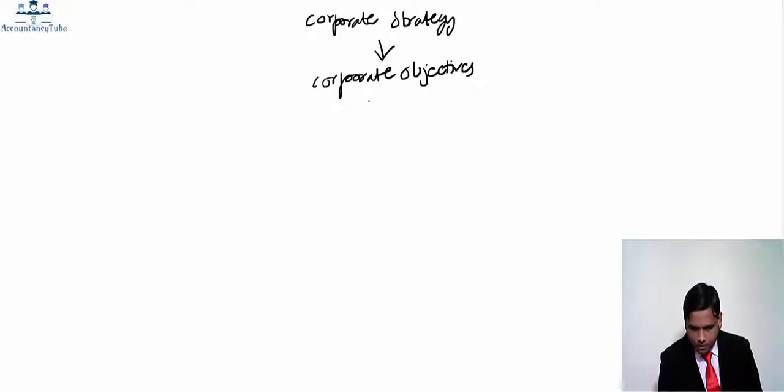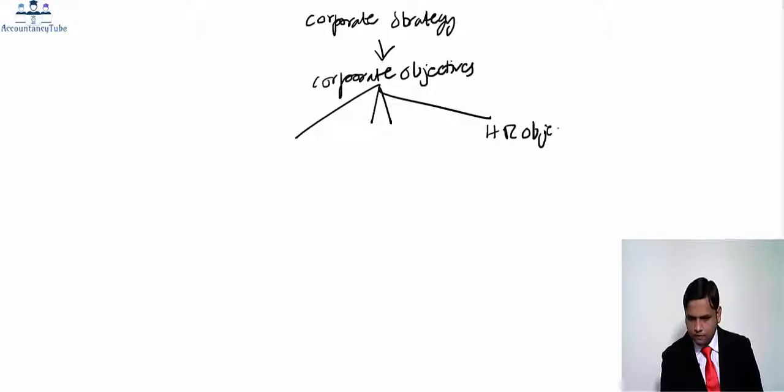objectives. Now, in order to achieve those corporate objectives, a company sets further objectives. For example, there are HR objectives. Then we have got marketing.